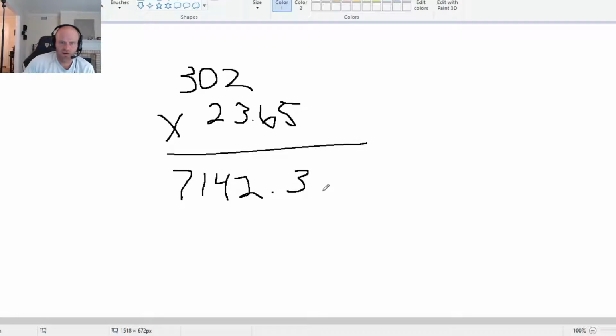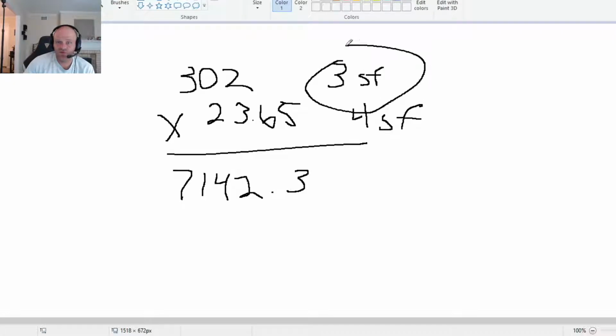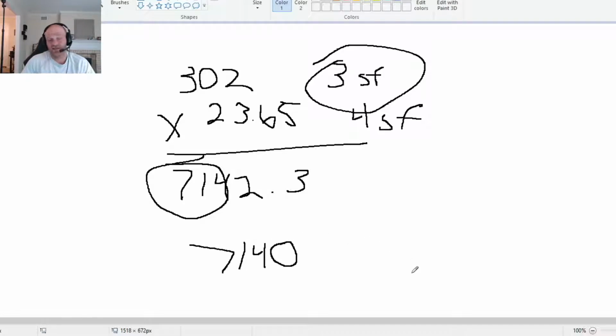My answer is 7142.3. Now I go back and count the sig figs in each of the numbers that I used in my problem. 4 for this one. Whichever one's the least, that's how many I have to use. So I can only use 3 sig figs here. The answer will be 7,140. Oh, I hate how ugly that is.